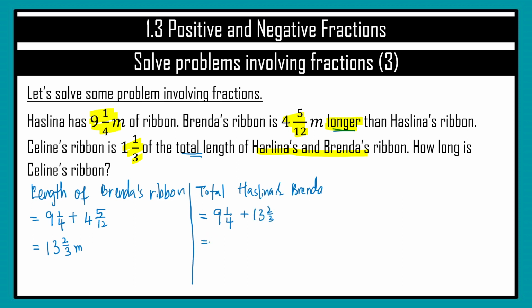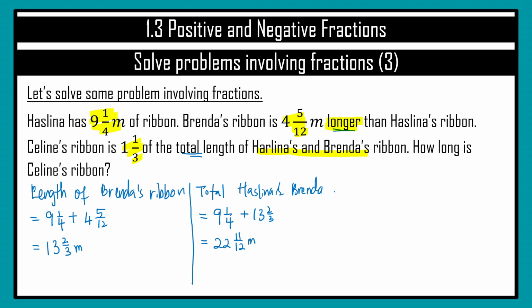So we're going to total these two together. So you get 22 and 11/12 meters. This is the total of both of them together.